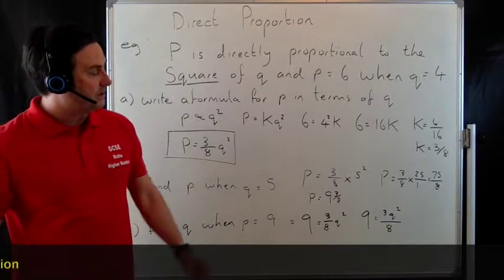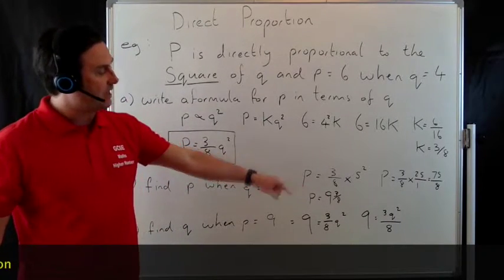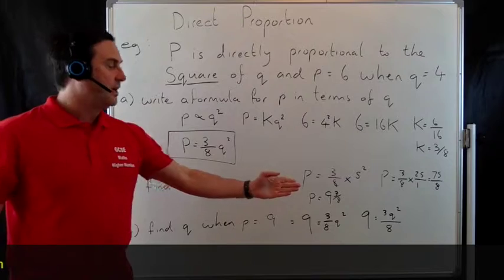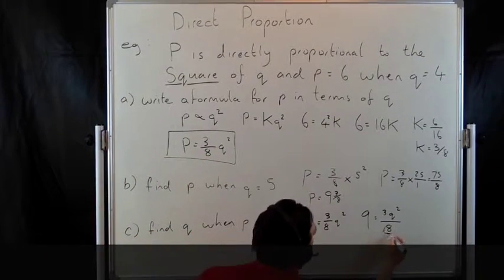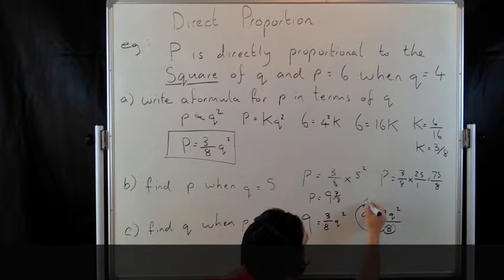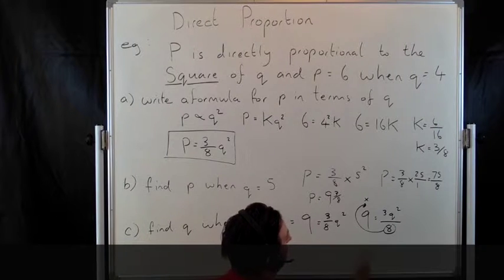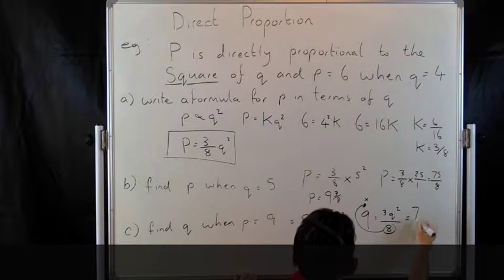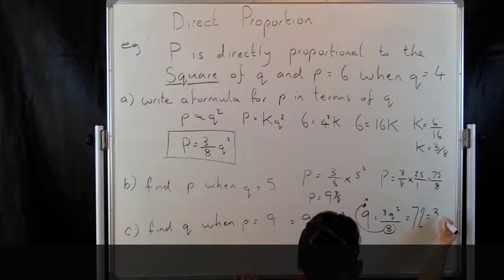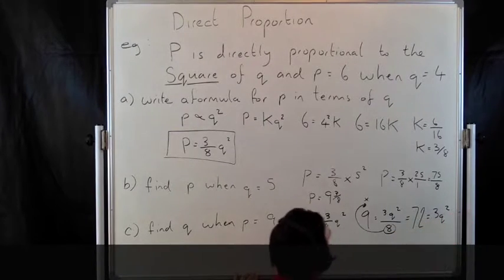Now it should be easier to see that we need to take the 8 up to the other side. So take the 8 up, we're dividing on that side, so we multiply on the other side. So that gives us 72 equals 3Q squared.